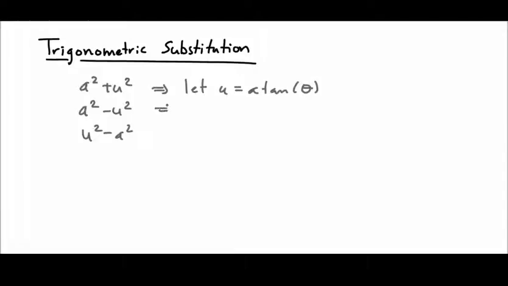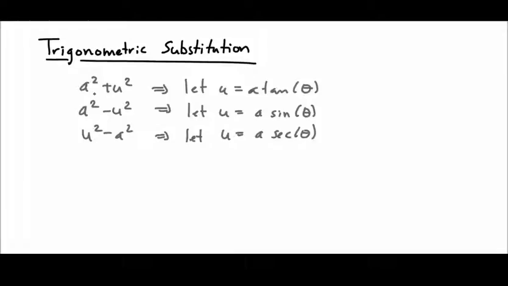If we have something that's a squared minus u squared, where a is a constant and u is some variable component, we will let u equal a sine theta. You'll definitely either want to have these memorized or have them on your note card for the exam. If we have something u squared minus a squared, that's going to be a secant, so u would equal a secant theta. These are the substitutions that are going to be used in trig sub.